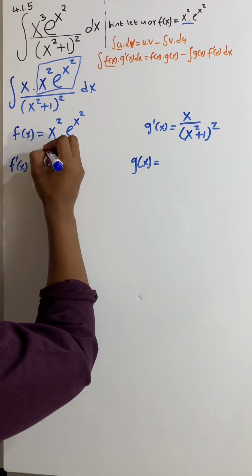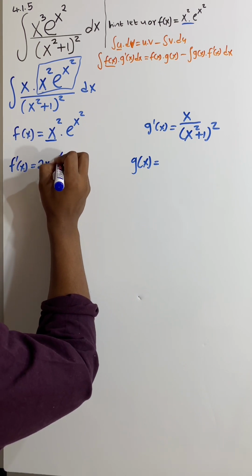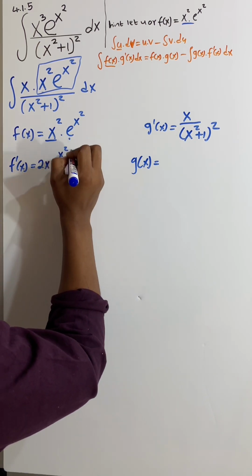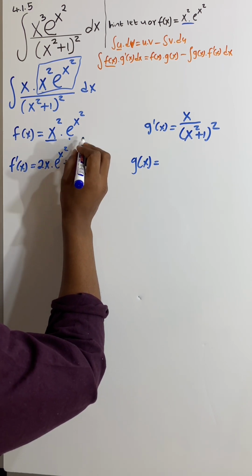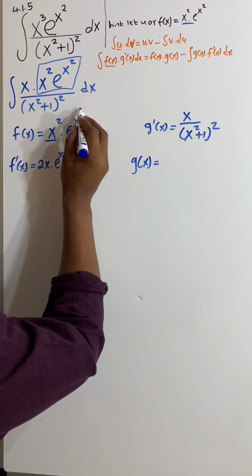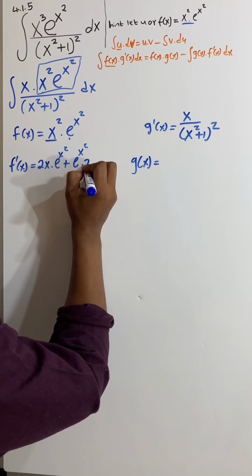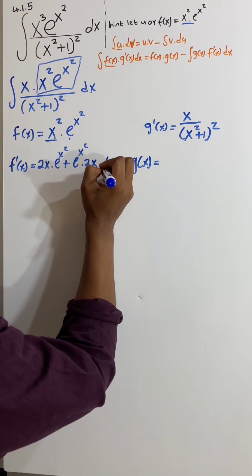So when we use the product rule, we differentiate this one and we let that one as it is, plus we differentiate e to the power x squared, and the chain rule also says that we must differentiate the x squared, and when we differentiate the x squared we get 2x, and we have to let that one as it is.